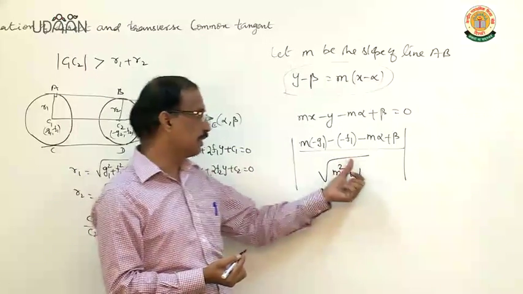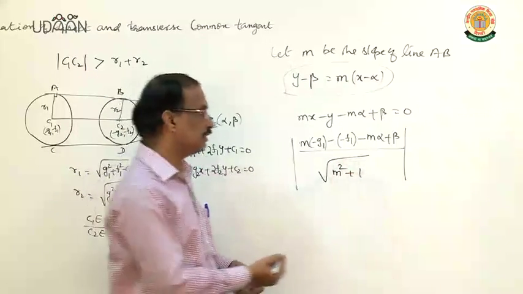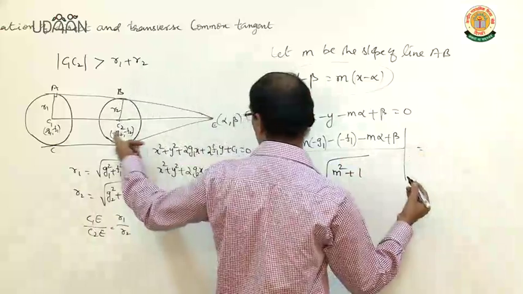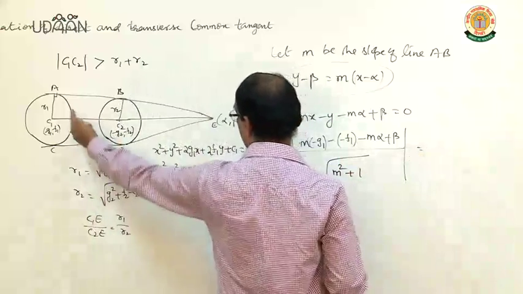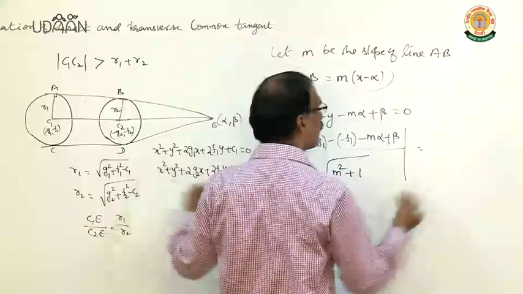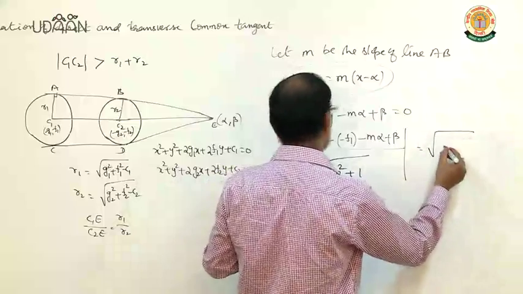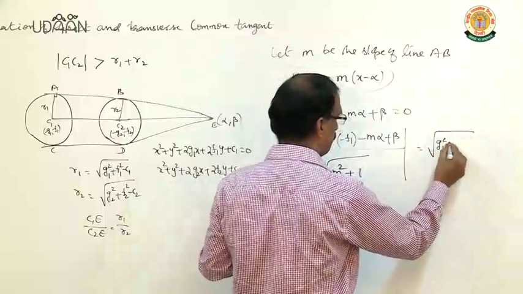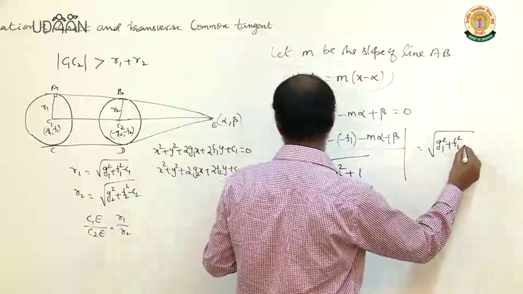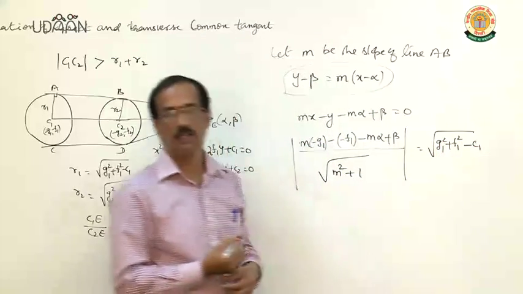This is equal to what? You get the radius. Radius of this circle is R1. R1 is root of G1 square plus F1 square minus C1.